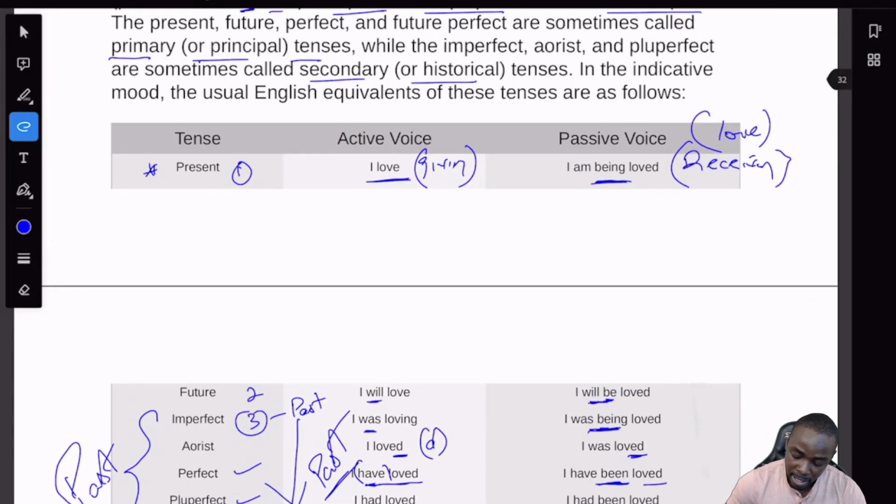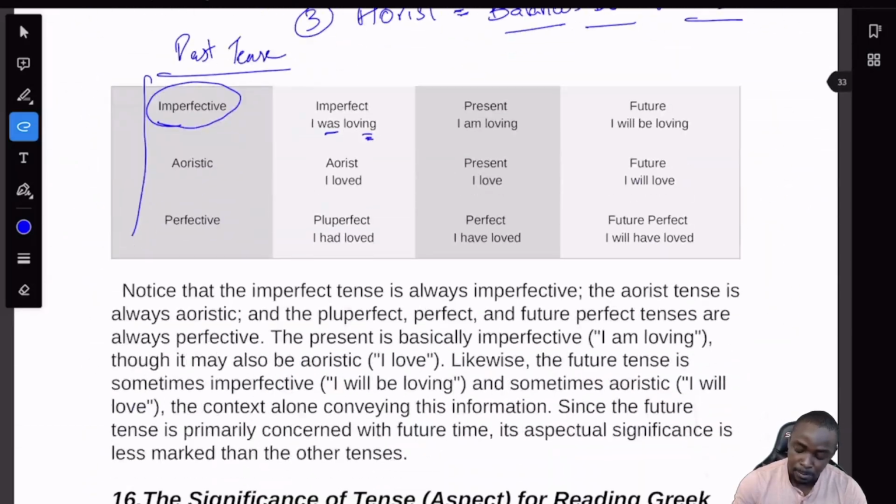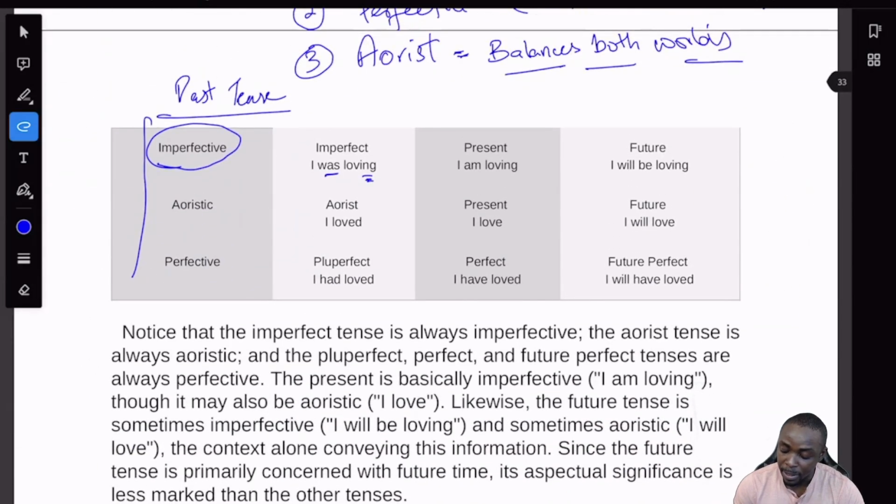In the present, I am loving. Future, I will be loving. But notice the -ing continues in the imperfective, because you're thinking of ongoing action. You're thinking of process. You're thinking of continuous action.